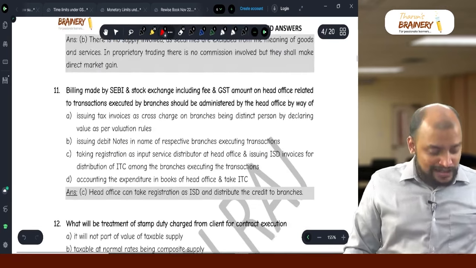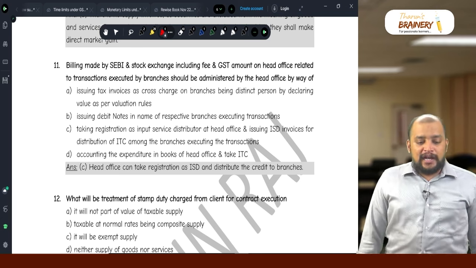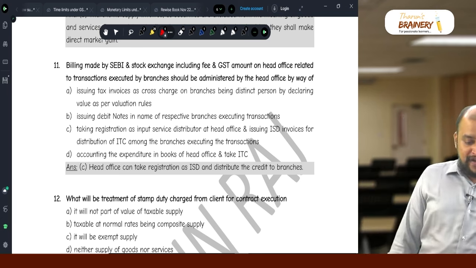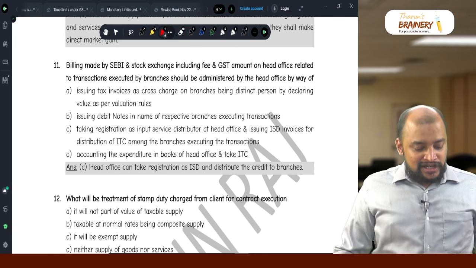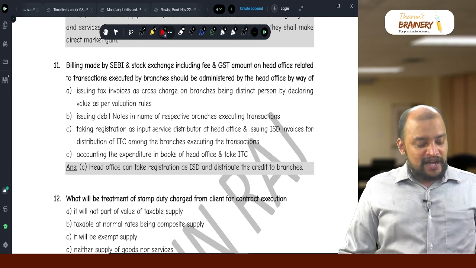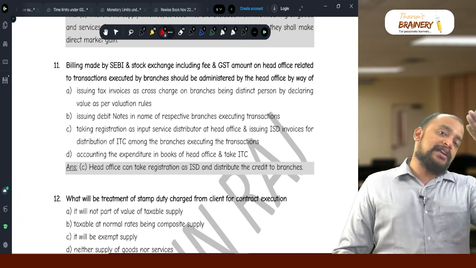Then next, number 11: billing made by SEBI and stock exchange, including fee and GST amount, on head office related to transactions executed by the branches. The transactions are done by the branches, but the bills are raised to the head office.